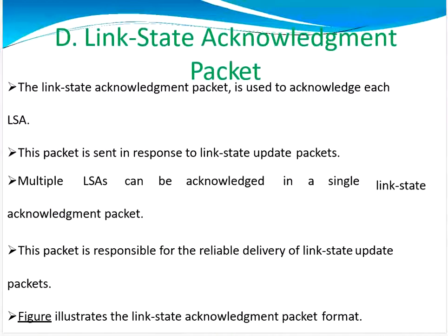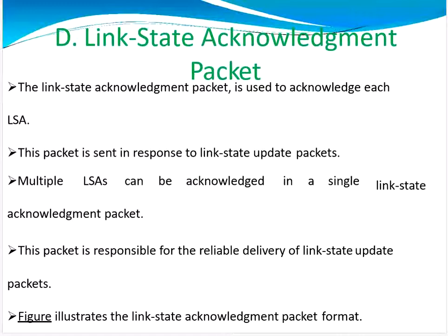The last packet used by the OSPF protocol is the link state acknowledgement packet. The link state acknowledgement packet is generally used to acknowledge each LSA. This packet is sent in response to the link state update packet. Multiple LSAs can be acknowledged in a single link state acknowledgement packet.